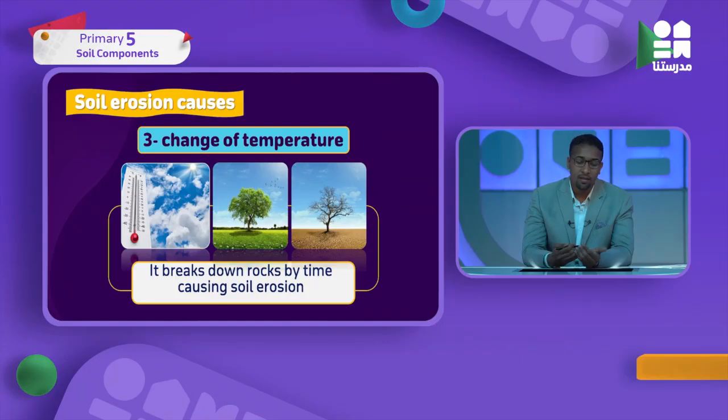Because the change in temperature affects the soil, and the soil is important for plants. السويل مهمة ليه؟ Plants take water and minerals from the soil. فلو السويل دي حصل لها erosion، يعني تأكلت، جزء منها اختفى، راح مع الرياح او مع الميه، فبعد كده البلانت هيقدر يعيش ولا مش هيقدر يعيش في السويل؟ اكيد لا. So number 3, change in temperature, from cold to hot, causes erosion of the soil.